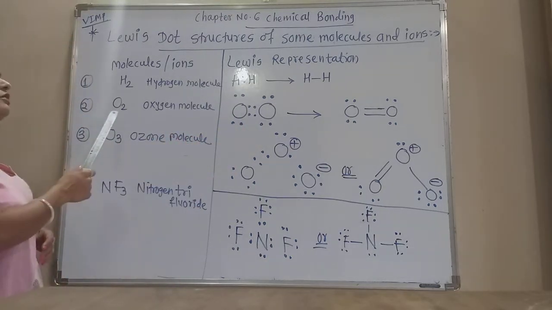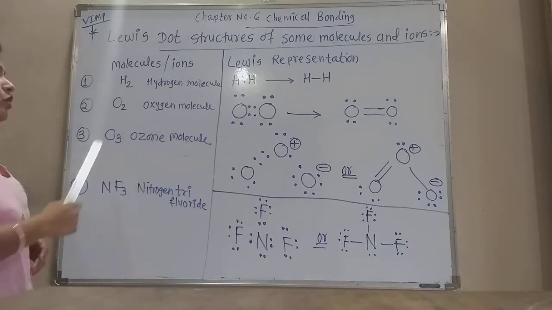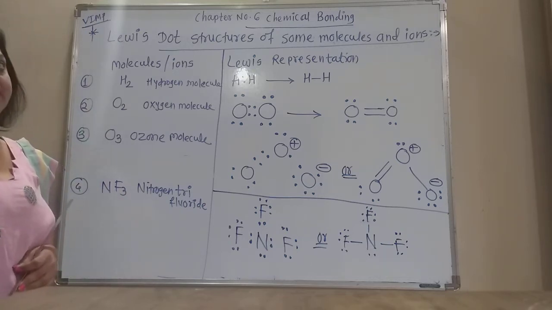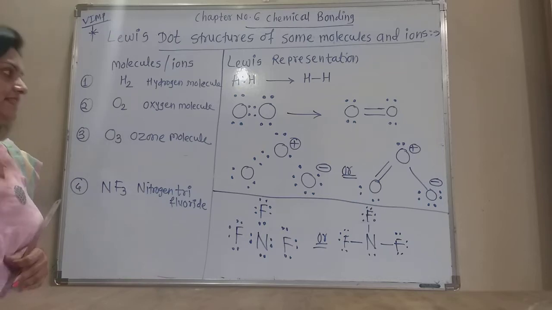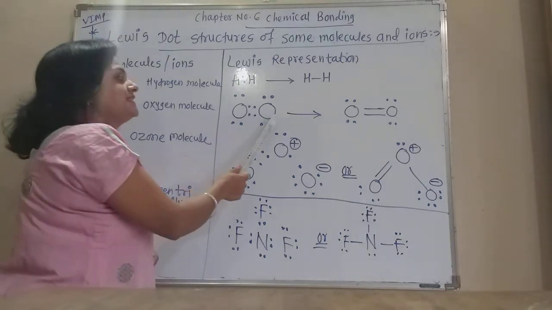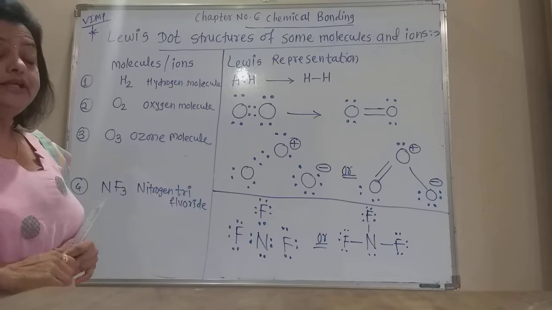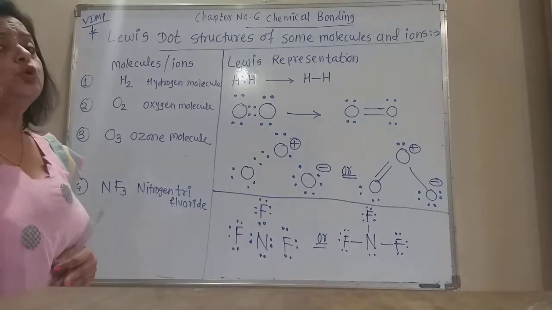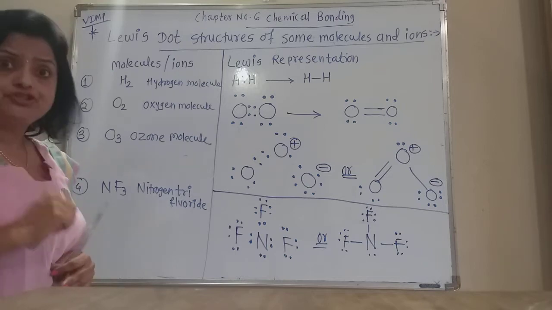Now see, the oxygen molecule. Oxygen has 6 valence electrons, because the atomic number is 8 but the valence electrons are 6. So both oxygen atoms have 6 valence electrons. To complete their octet, they must share 2 electrons with each other.